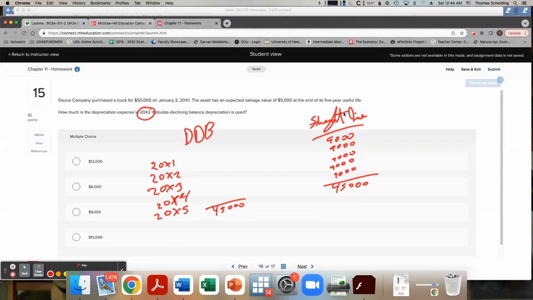The depreciation rate: if we're looking at the double declining balance, that would be 2 times the depreciation rate, applied to the asset's book value.